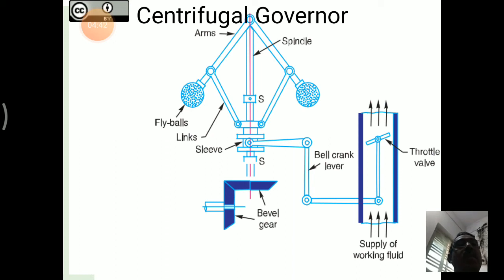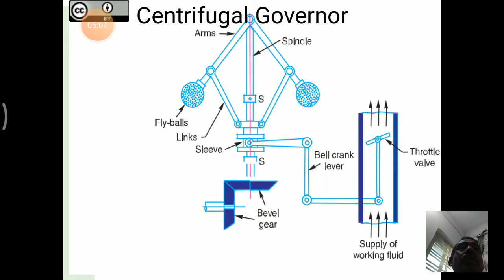In this way, we can control the opening or closing of the throttle valve by means of the bell crank lever and this centrifugal governor. Hence, we can control the speed of the engine by controlling the fuel supplied to it.